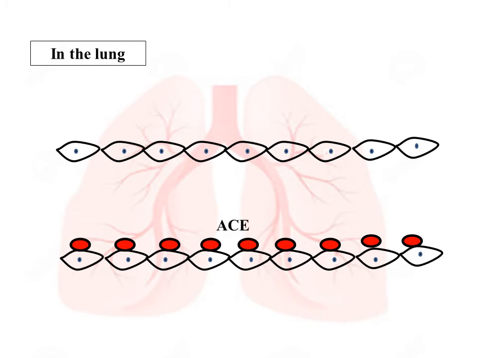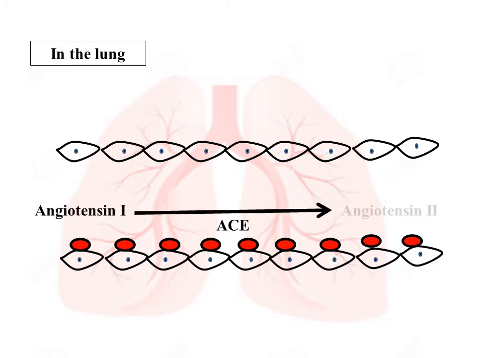This enzyme converts angiotensin 1 into angiotensin 2 within seconds or minutes. So angiotensin 1 is converted into angiotensin 2 in the lung by the effect of the angiotensin converting enzyme.